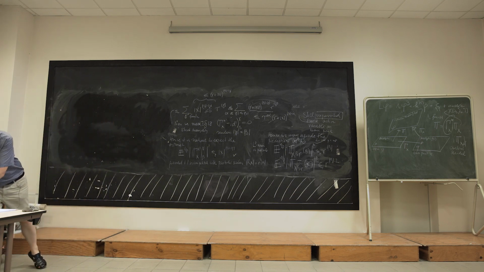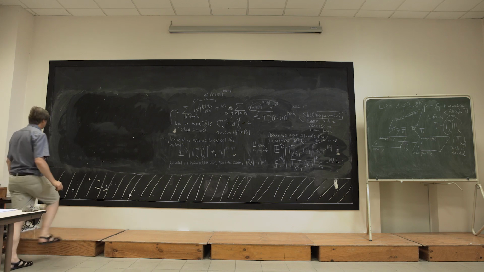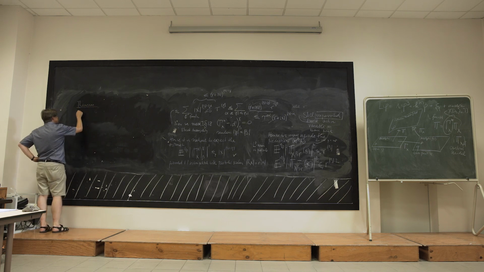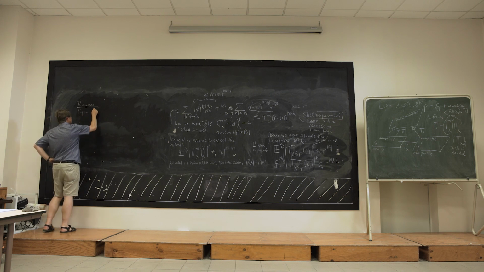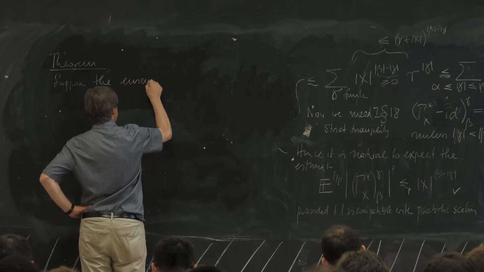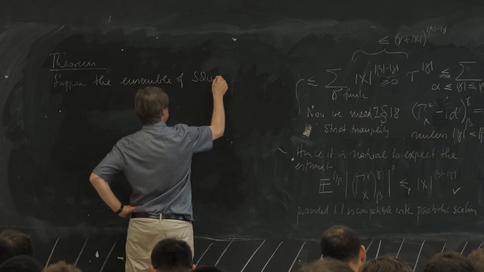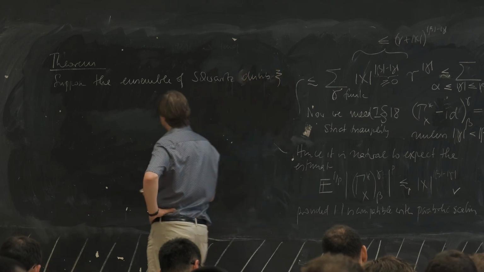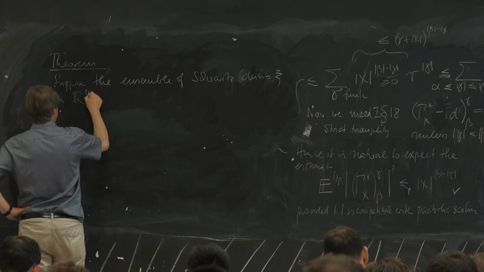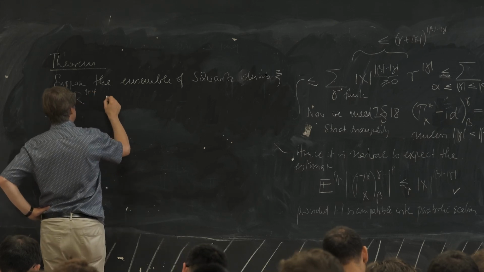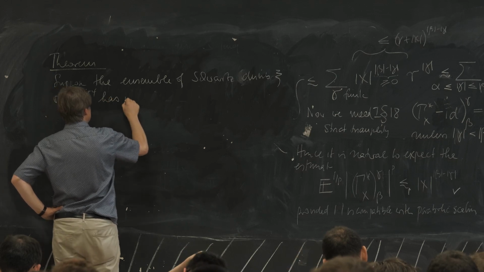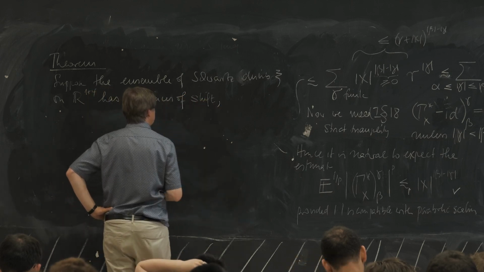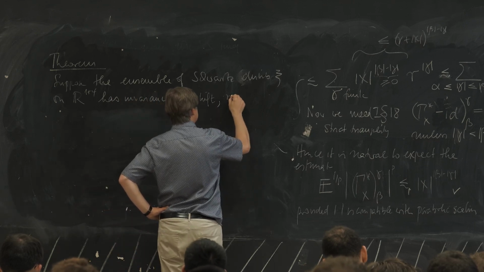So the theorem was the following. Suppose the ensemble of Schwartz distributions xi on R^(1+4) has the invariances of shift and reflection, spatial reflection.